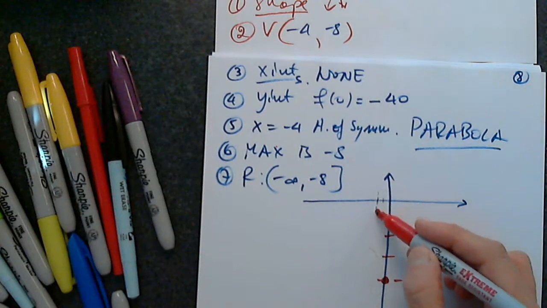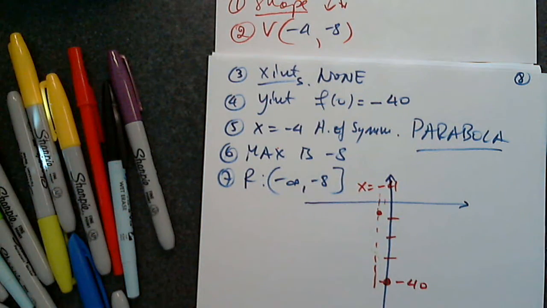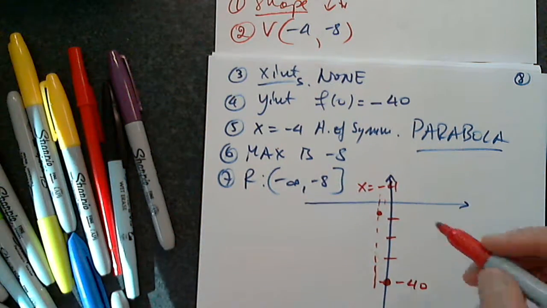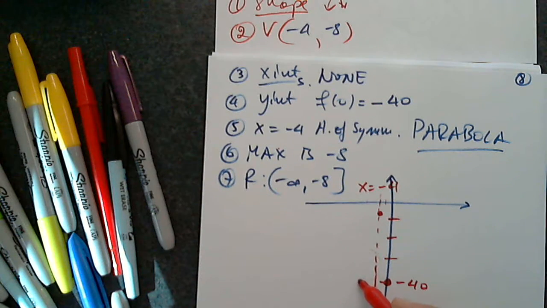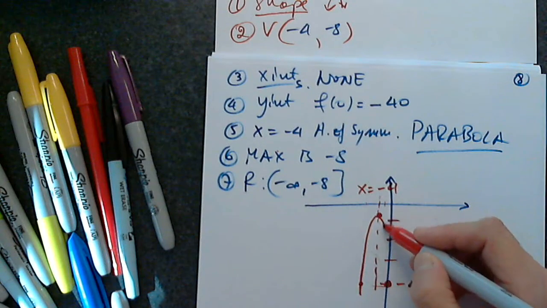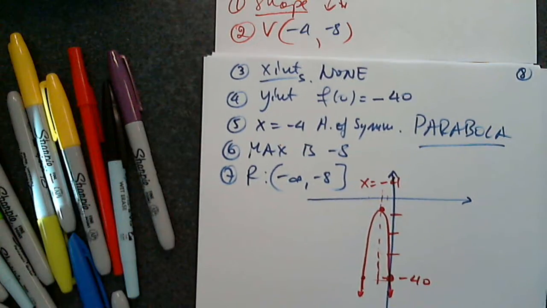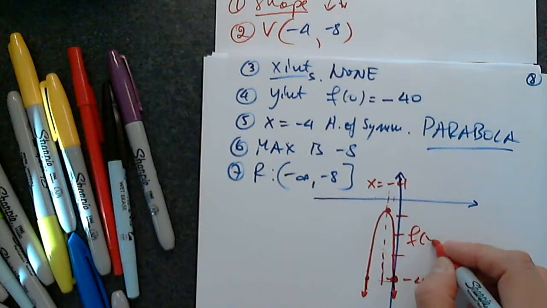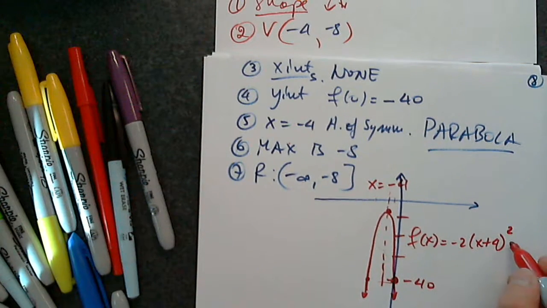I'm going to draw the axis of symmetry, which is x equals -4. And I'm going to try to make it as symmetric as possible. I will find another point symmetric on the other side, equal distance, because it's a symmetric graph. And here's the graph. Please write f of x equals -2 times (x plus 4) squared minus 8.